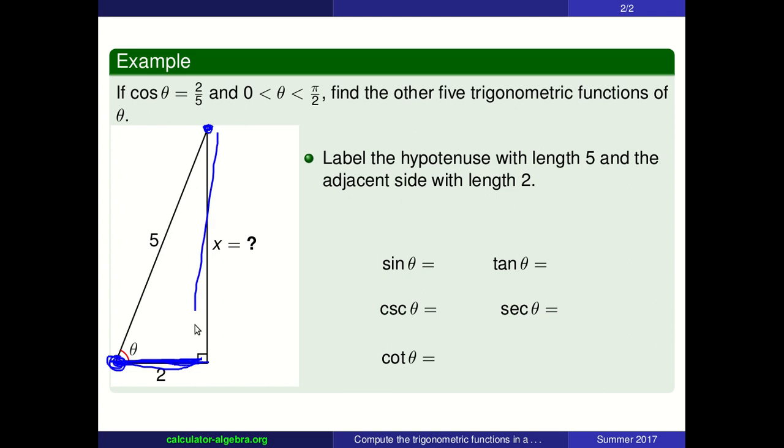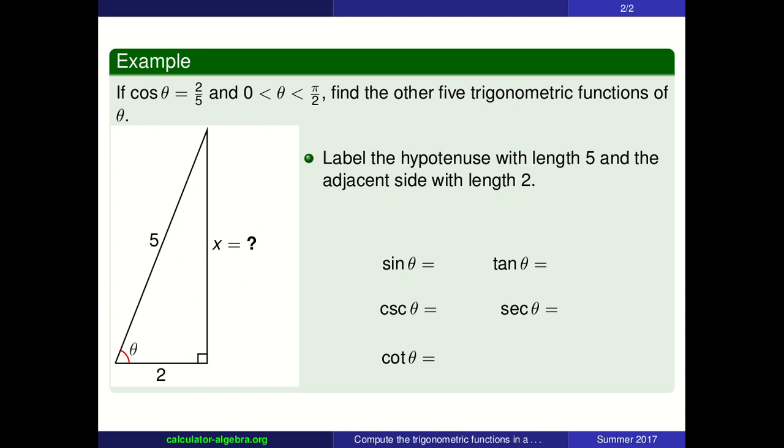But what's the height? What's the height of that triangle, right? For me to be able to even generate that picture, I need to know the height of the triangle. Let's label that height as x. Yeah, we do need that height in order to figure out the trigonometric functions from the angle theta.